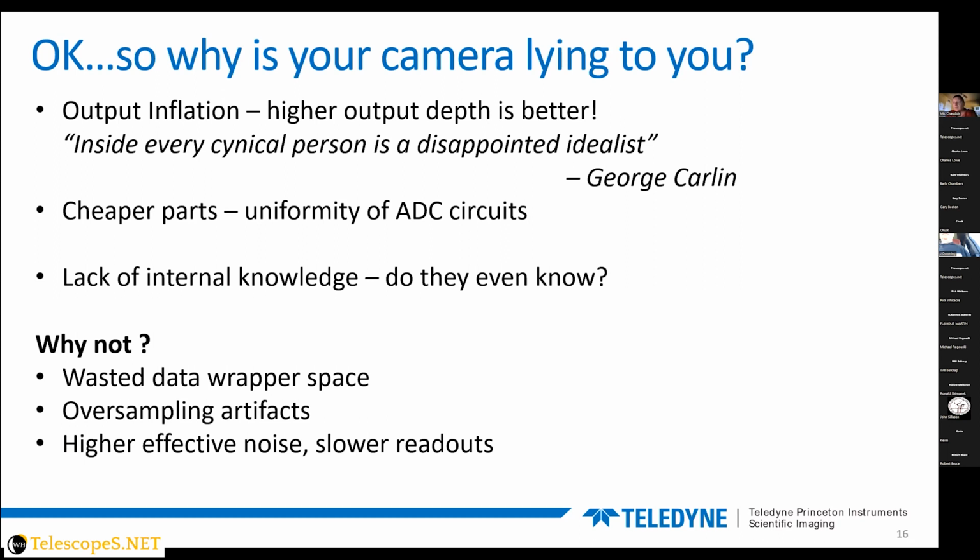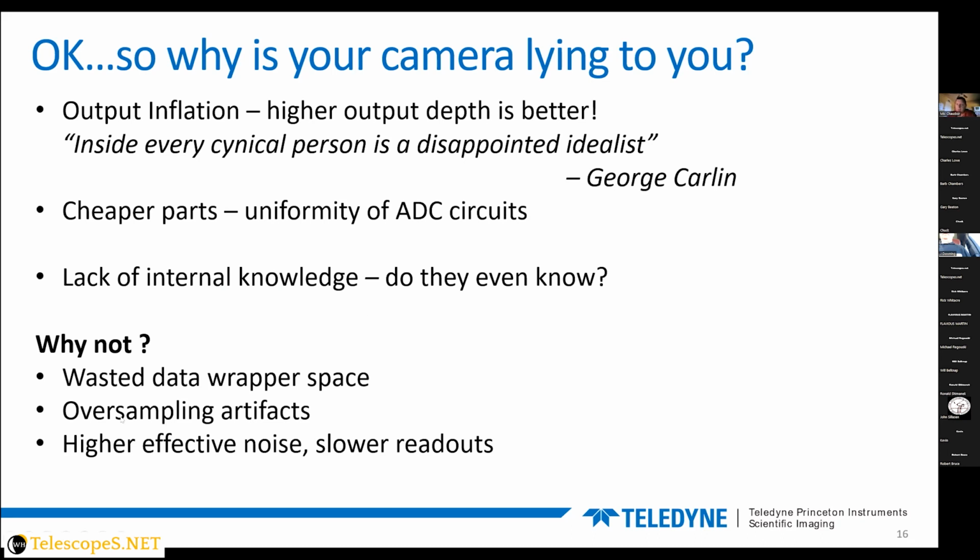You're still wasting space. You actually get artifacts when you look at the data. You're going to see steps in the data where the camera is kind of filling in the gap, right? It's kind of interpolating data that's not there. And that creates these kind of oversampling artifacts, especially if you're trying to do something like spectroscopy or another type of experiment where the linearity and the sort of smooth gray values over time are going to make a difference.